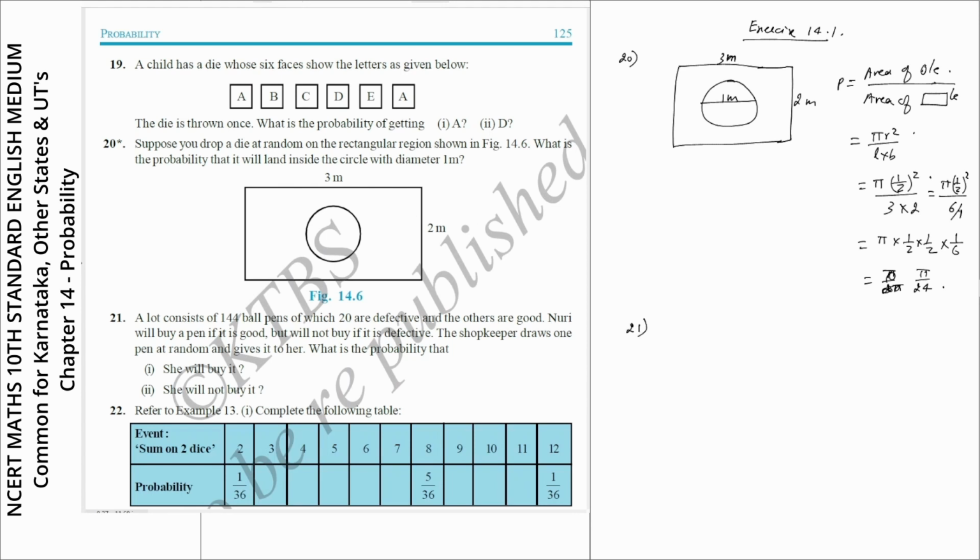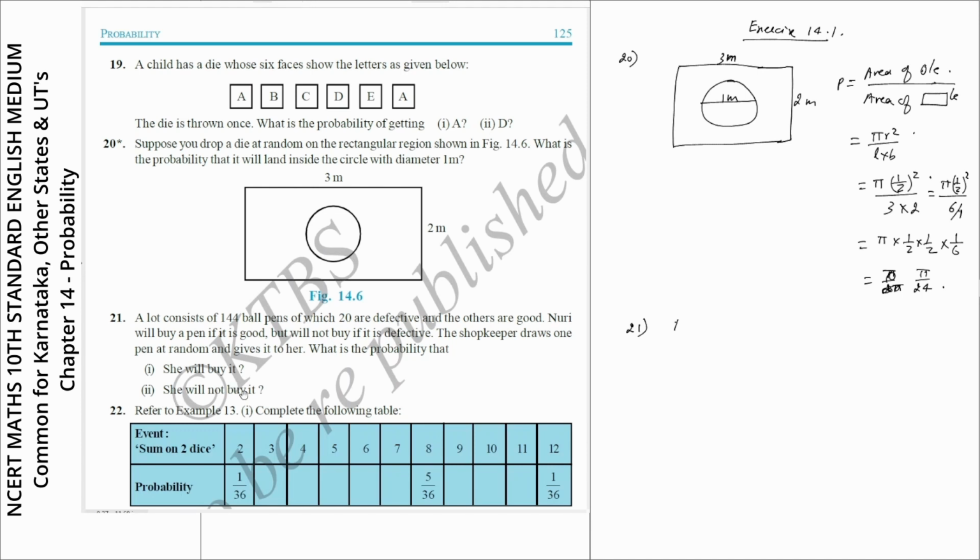14.1, question number 21. A lot consists of 144 ball pens, of which 20 are defective and the others are good. Noori will buy a pen if it is good, but will not buy it if it is defective. The shopkeeper draws one pen at random and gives it to her. What is the probability that she will buy it, and what is the probability that she will not buy it?